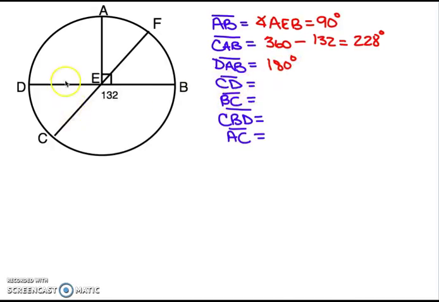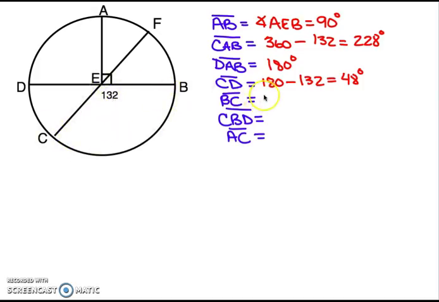For CD, you're looking at just this little piece here, and that is going to be your 180 minus 132. For CD, that leaves us with 48. For BC, we can see up here, BC is already marked.